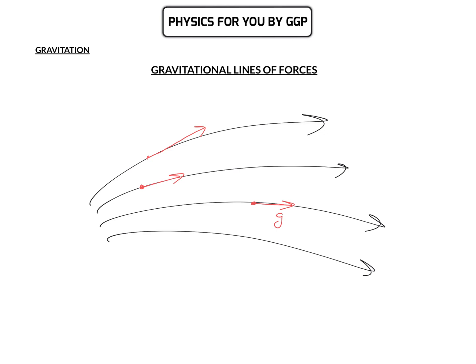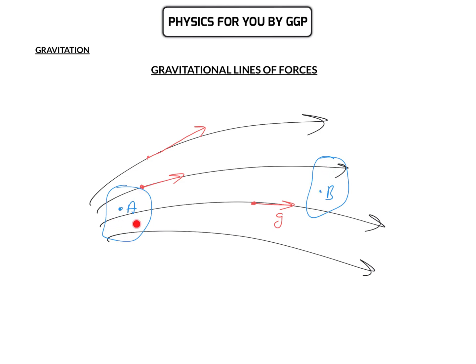Now if you would like to get an idea about the gravitational field strength, say you want to compare the field strength at point A and another point B. We can take a similar area or volume over here and find the number of gravitational field lines passing through each region.